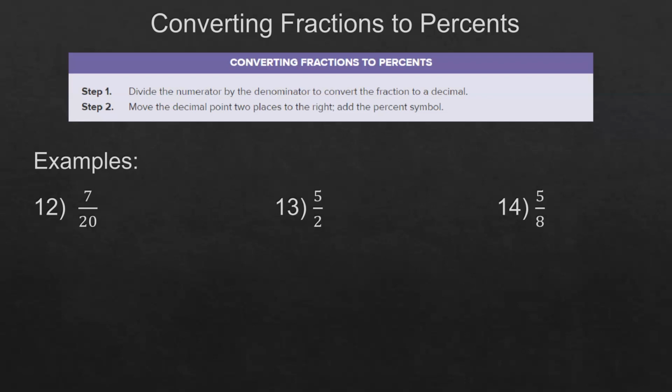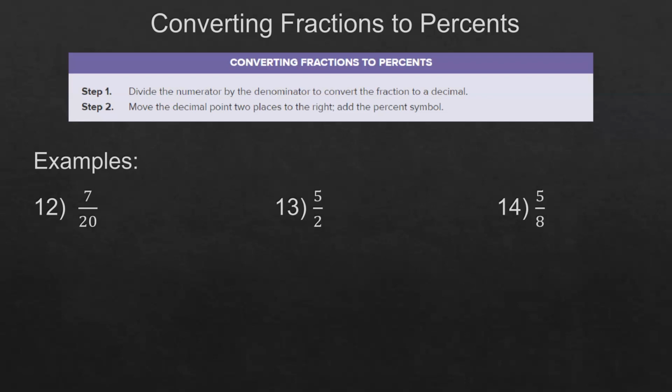Okay, so this is my second video on conversions, and this is going to be more conversions. So we are now going to convert fractions to percents, and the first thing that we have to do is convert the fraction to a decimal, and then we'll take the decimal and convert that to the percent.